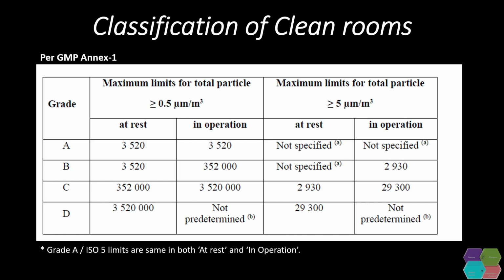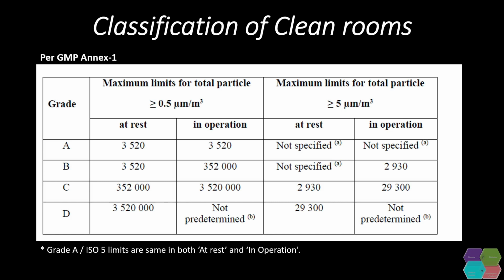The facility is built and qualified, with all the equipment inside, but there are no people. That state is called at rest. In operation is similar to at rest with the exception that the filling machine is in operation, like it is actually filling some product. So that is the in operation meaning.